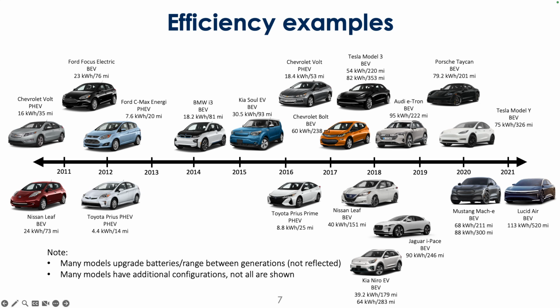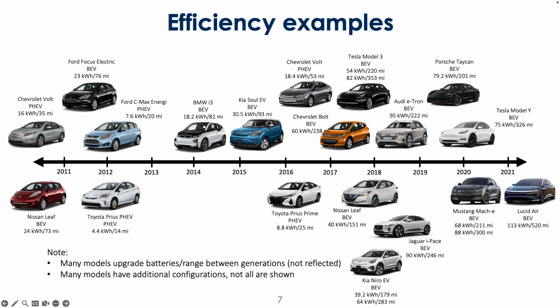And you can see there's generally a pretty broad range of both battery sizes and ranges. If you were to actually divide them out, you would also see a pretty large range in efficiencies as well.